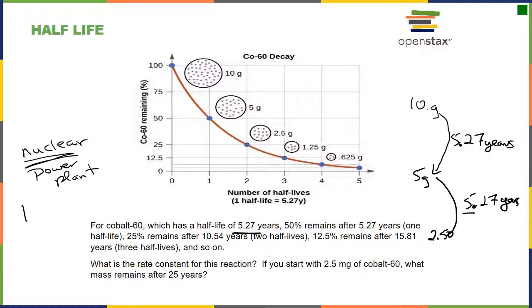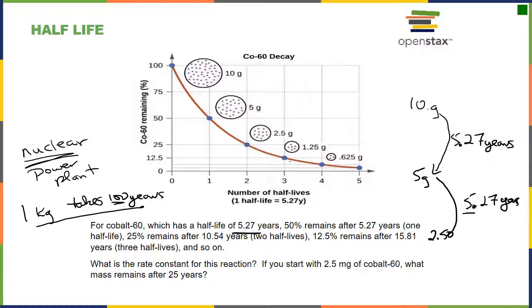If you've got a kilogram of a sample that takes 100 years to decay, after 100 years you're going to have half a kilogram. If you've got 1 kilogram of a sample that takes 1 billion years to decay, after 1 billion years you're going to have half. After 2 billion years, you're going to have 1/4. How much you have does not depend on the concentration.